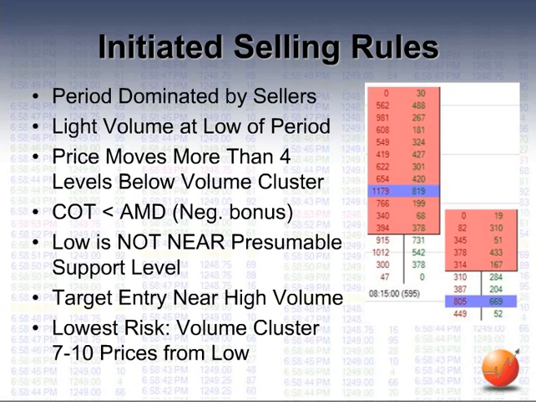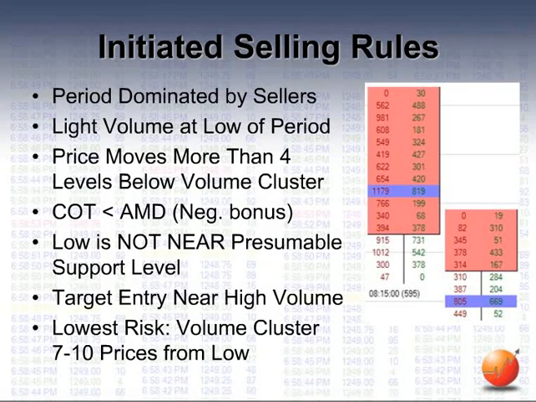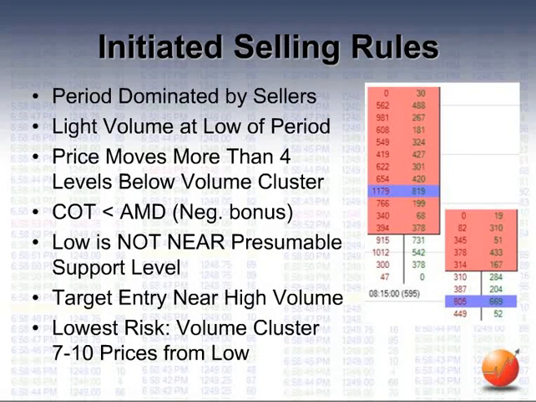It doesn't always happen, but that's how I like to look at it, because to me it's a lot lower risk. I can manage it a lot easier, and we'll talk a lot about management tomorrow, and I think you'll really get it. But to me, the lowest risk way to do it is just to make sure that the market actually breaks down before you get too excited about selling into something.